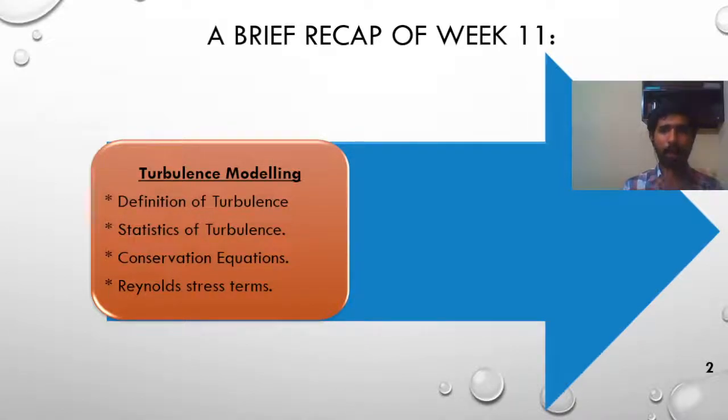Now, we already have the conservation equations, the Navier-Stokes equations, for fluid flow. What modifications happen for turbulent flow was also covered mainly in this week's content. When we looked at that, we came across a new term called the Reynolds stress term, which mainly comes from the fluctuating component of the flow. Once we got into the mathematical formulation, the main big question was how do we solve these equations.